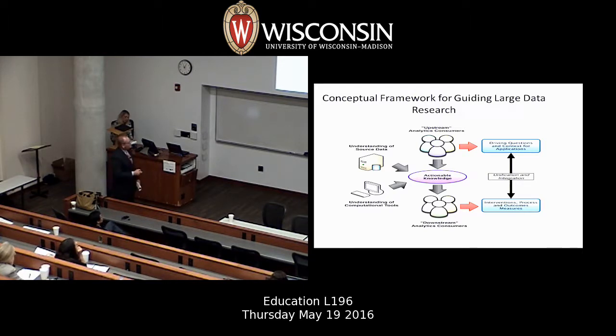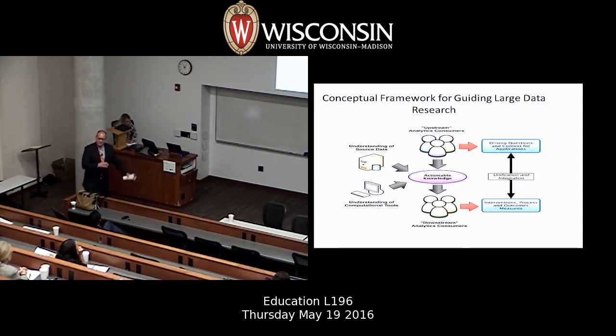Okay, that produces actionable knowledge, supposedly, being pushed downstream to the consumers who then use it for interventions and outcomes. Now, this bidirectional arrow here talks about the integration of the outcomes to the questions, which, the part that I think is really missing, is this bidirectional arrow giving feedback to the upstream people.